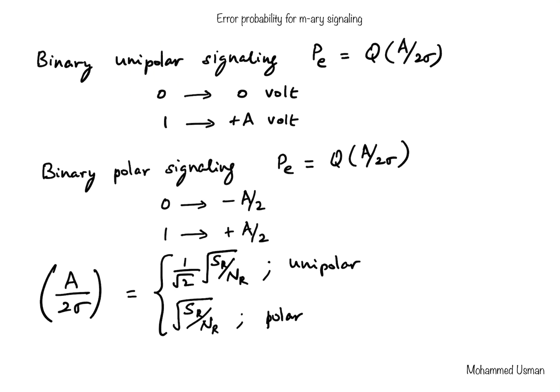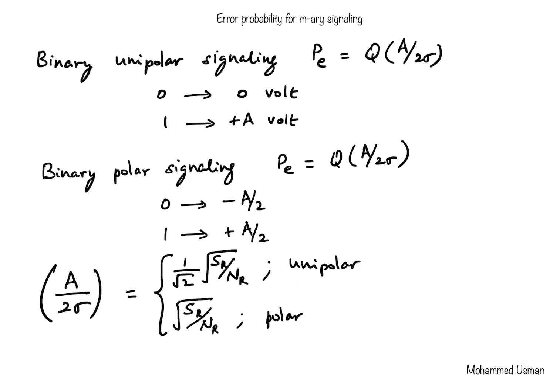In unipolar, it denotes the square root of signal to noise ratio divided by root 2. In polar signaling, it represents the square root of signal to noise ratio. Because root 2 is greater than 1 and is in the denominator, this threshold is actually less in the unipolar case.